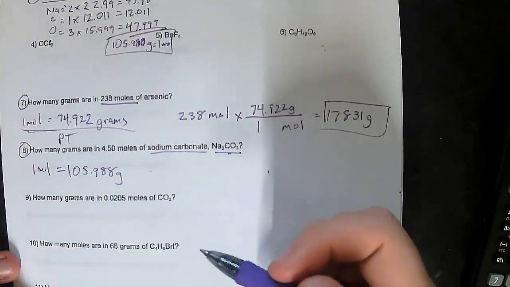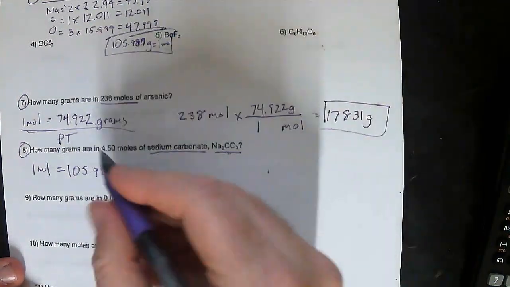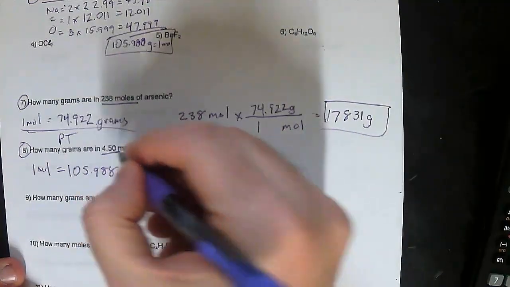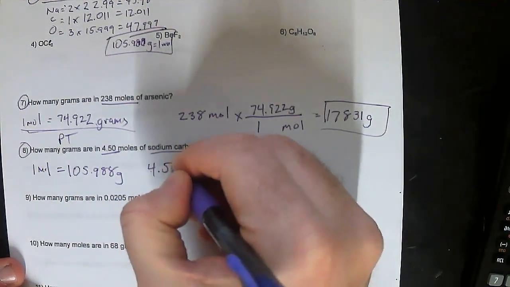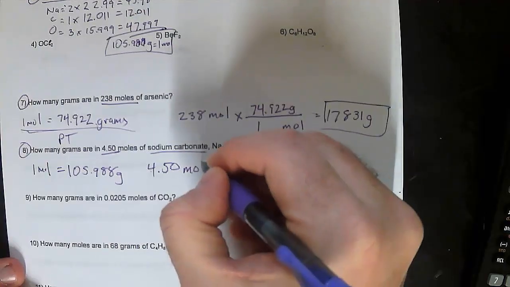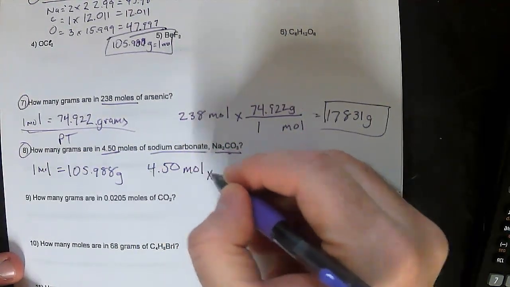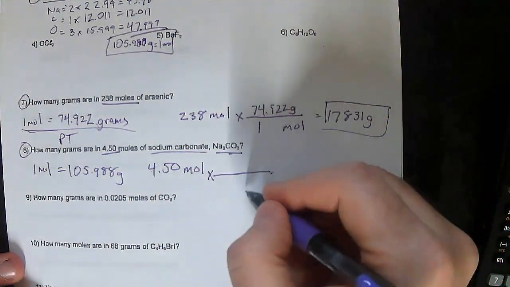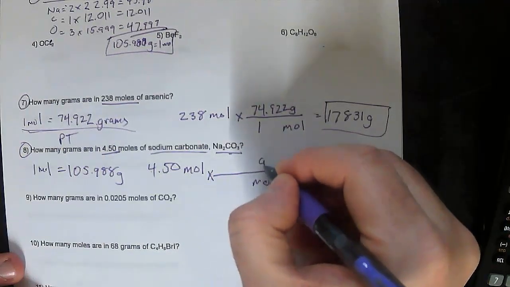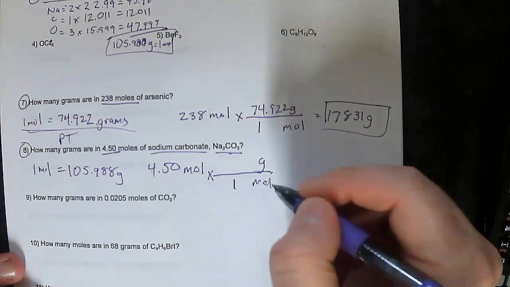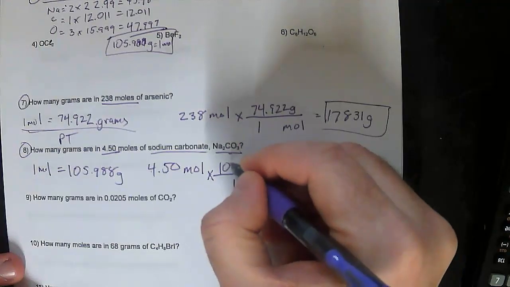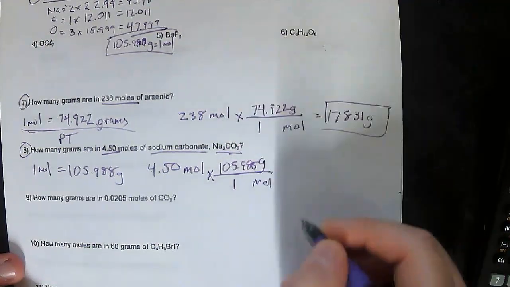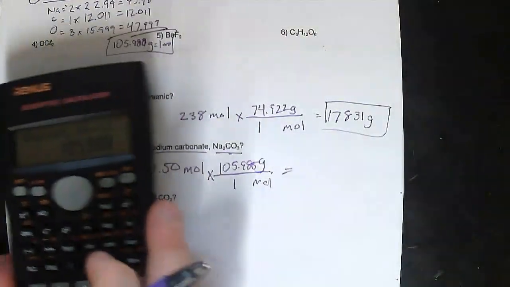That's our molar mass. Now we start with the number given, 4.5 moles. We X line, moles on the bottom, grams on the top, and it's 1 mole for every 105.988 grams.